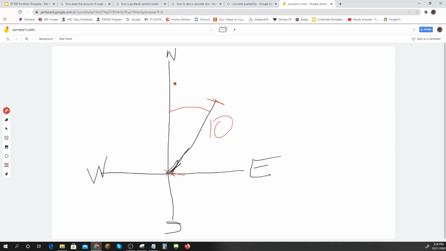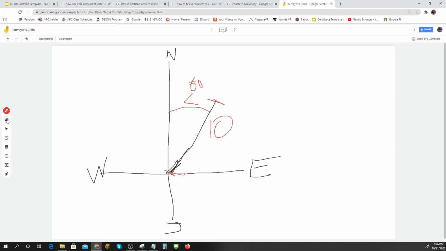Now, we always measure the angle from the north or the south line. Okay? So I don't measure it from the east in surveyor's units. I always measure from the north or the south line. So this has an angle here. And I look at that and I'm going to guess it's somewhere around 60 degrees. Sorry, this is 30 degrees.